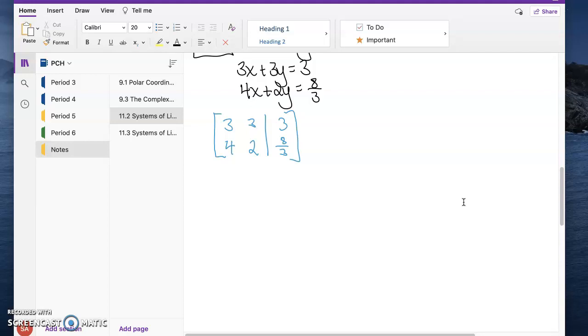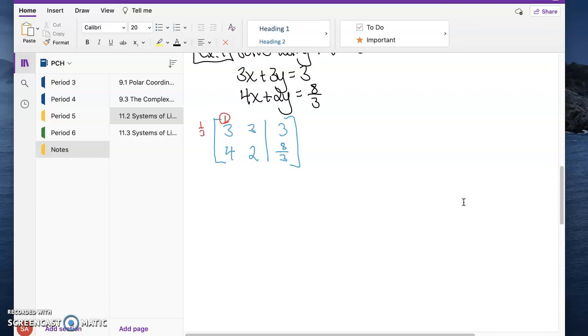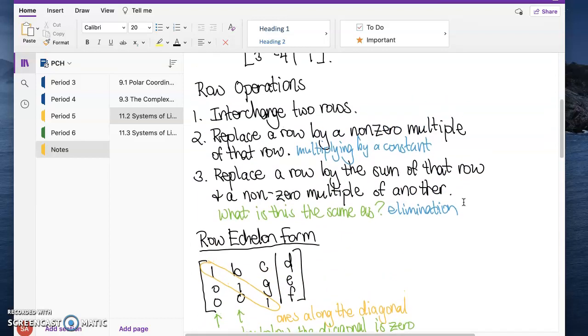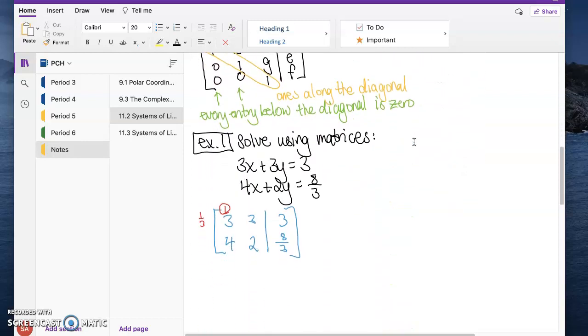The first thing that I want to do is get a 1 in that top corner. And that's really easy to do. What I'm going to do is multiply this row by 1/3. So I'm using this rule here that says I can replace a row by a non-zero multiple of that row, so multiplying by a constant.